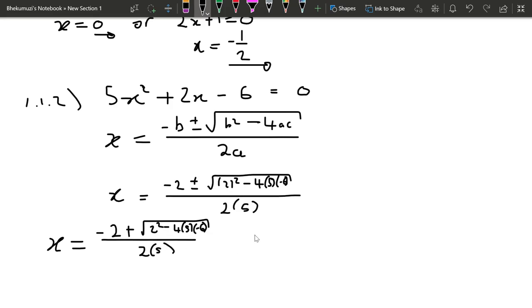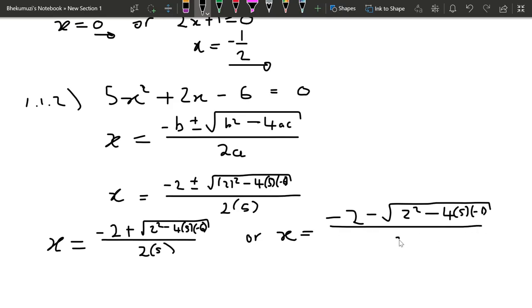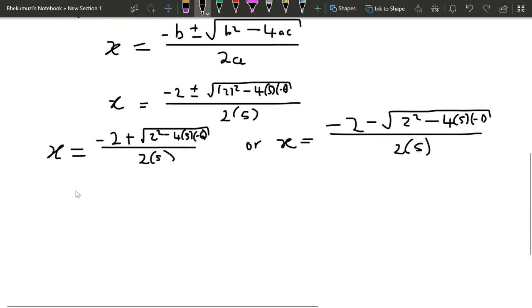And the second one would be minus 2 minus the square root of 2 to the power 2 minus 4 of 5 times negative 6, all divided by 2 times 5, right? And basically whatever you get there when you use your calculator would be the solutions in this case.